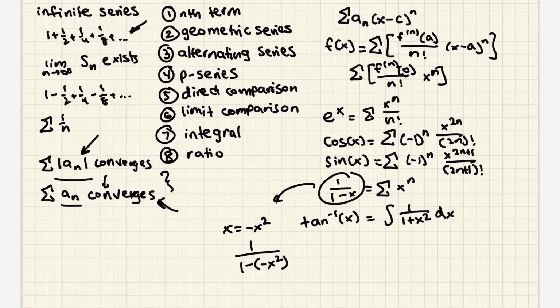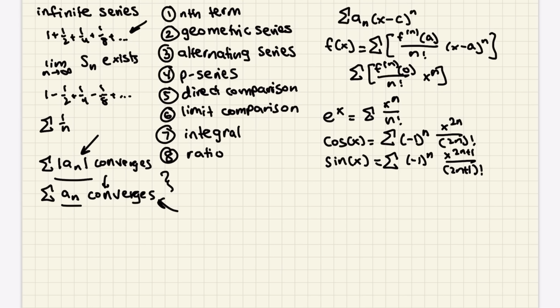So 1 over 1 minus negative x squared, which is just equal to 1 plus x squared, which is what we want. So we can find the Taylor or the Maclaurin series for 1 over 1 plus x squared by just plugging in negative x squared wherever we see an x in here. And then we take the antiderivative of that resulting polynomial, and we're going to get the Taylor or Maclaurin series for inverse tangent of x.